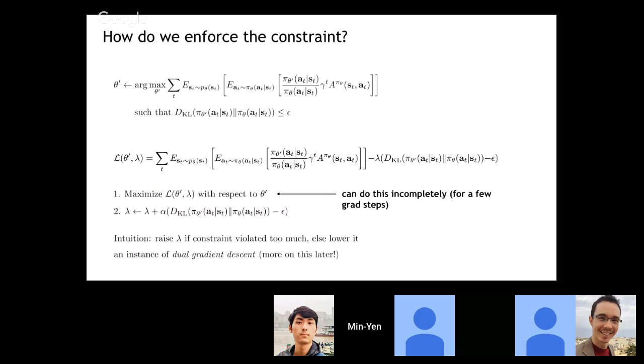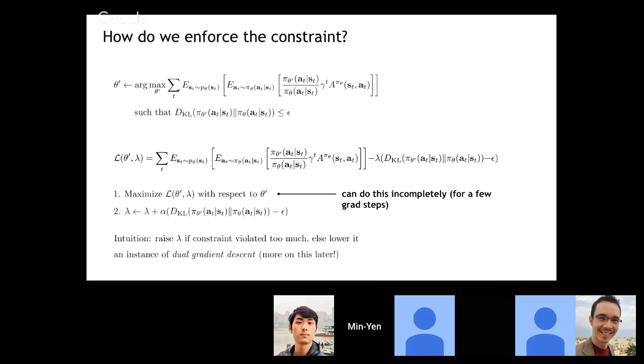But if it's well behaved, then what is the intuition behind what's the cause of lambda, the constraint being violated? Because our epsilon is too small. Like we have a very tight epsilon.